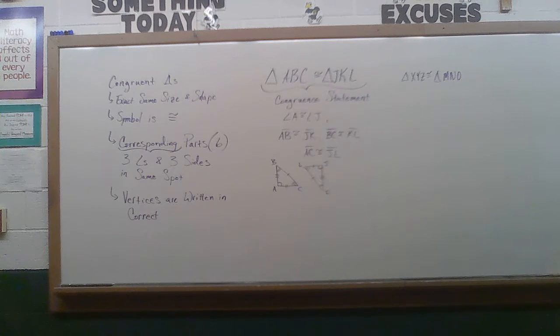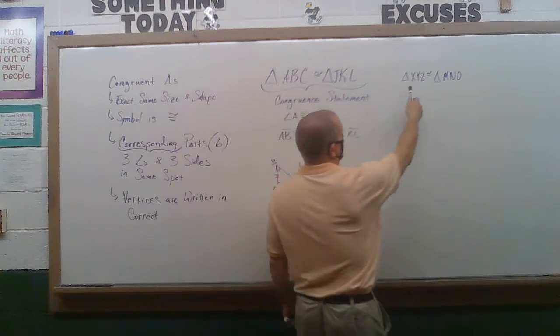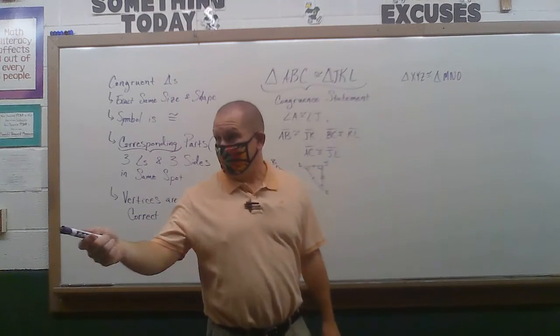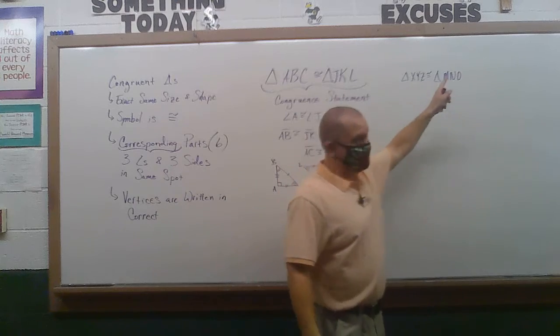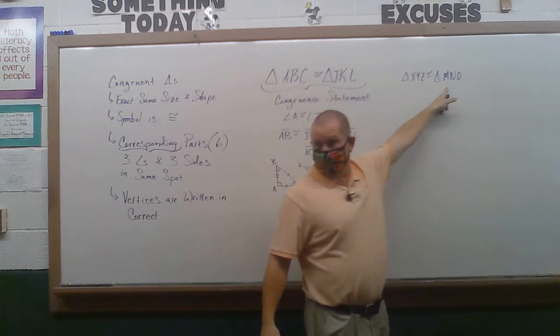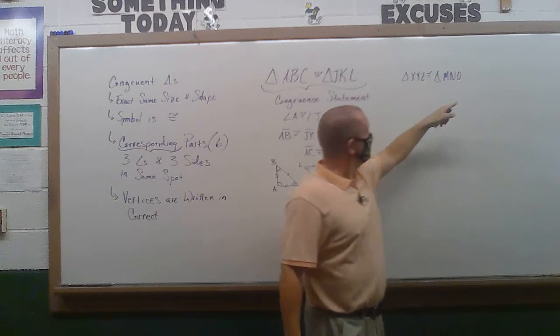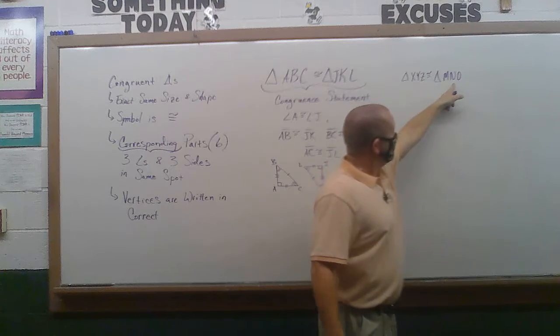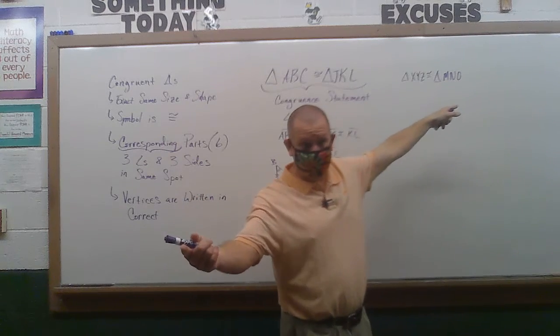What would we say? X. Okay, so XY and MN would be the sides, right? One group of sides. That's right. X and M. Angle X is congruent to angle M. Another angle. Y and N. Another side.